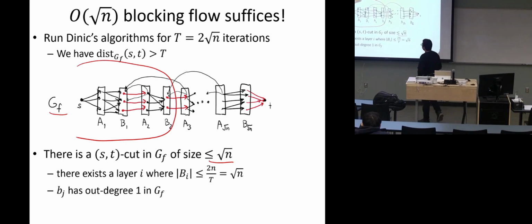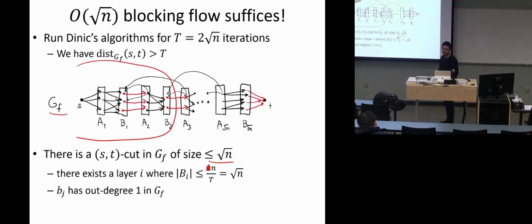Because you see, first, there are root n many layers here, but there are just n nodes. So first, I claim there must exist a layer Bi of size something like root n. The number of Bi is actually just n over t.